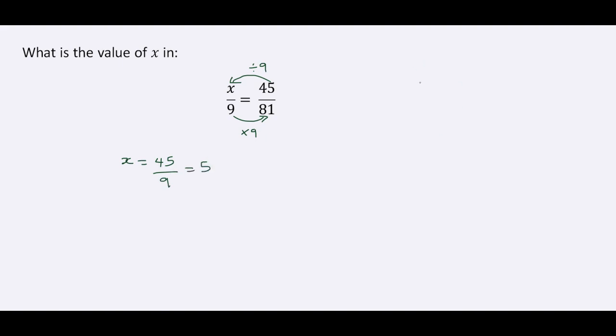Now let's try a second approach. x over 9 equal to 45 over 81. Now we will apply our cross product approach, and that is going to give us 81 times x is equal to 45 times 9.